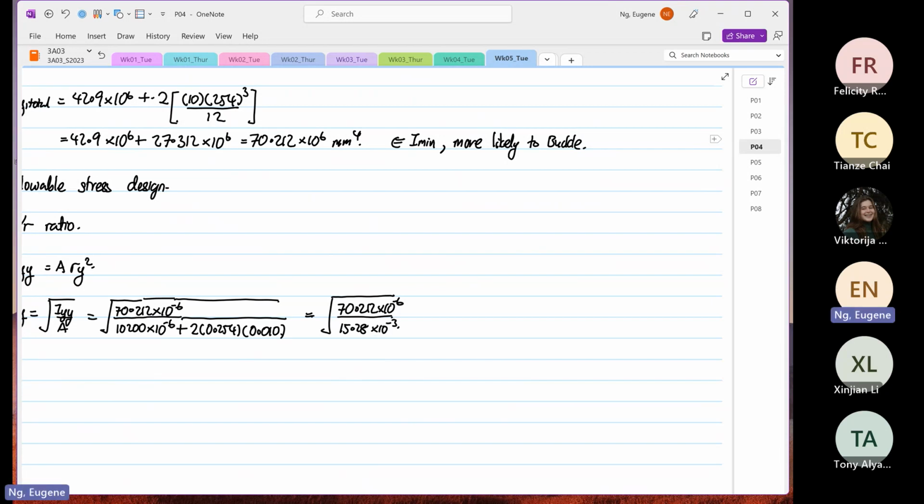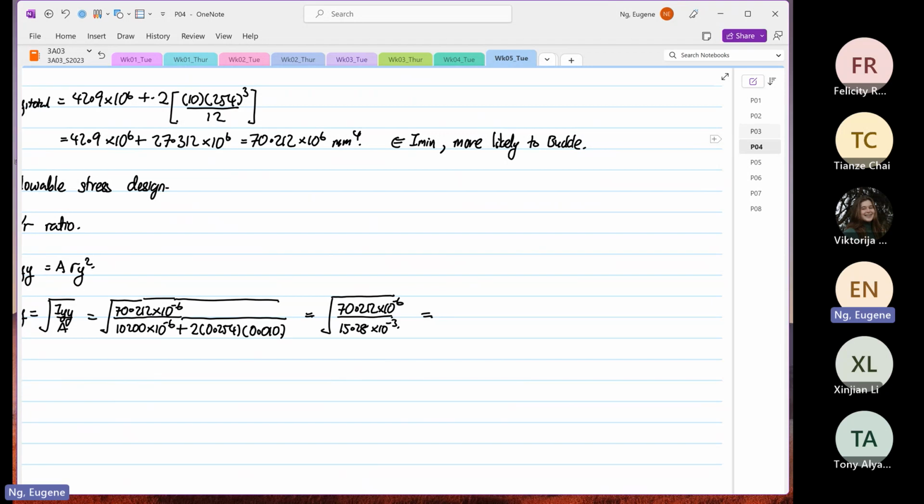Let me do it again. 2 times 0.254 times 0.01 plus 10200 times 10 to the power minus 6 is equal to 15.28. Okay, so this will be equal to 70.212 times 10 to the power minus 6 divided by 15.28 times 10 to the power minus 3.